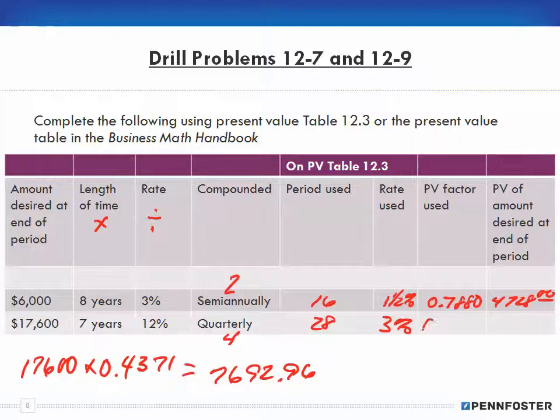Okay, so this is 0.4371, and that's 7,692.96. Okay, so that's how you do those two problems, and using the Business Math Handbook for one of them.